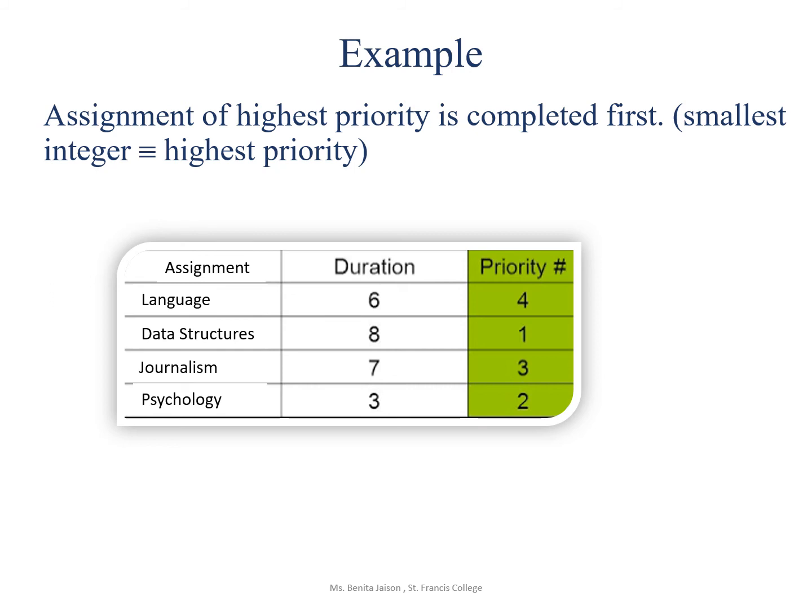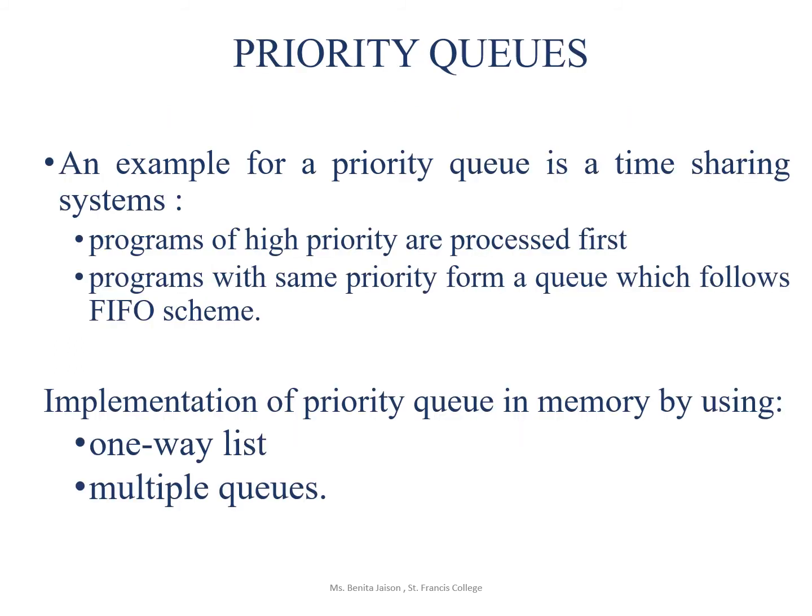So the assignment which the students will be completing first will be the assignment having the highest priority, which is indicated by the smallest number 1. So the data structure assignment will be completed first, followed by the psychology assignment, and then journalism, and then the language assignment.